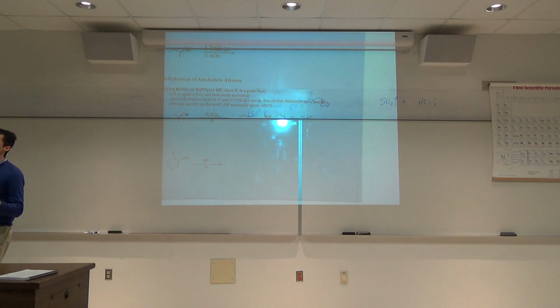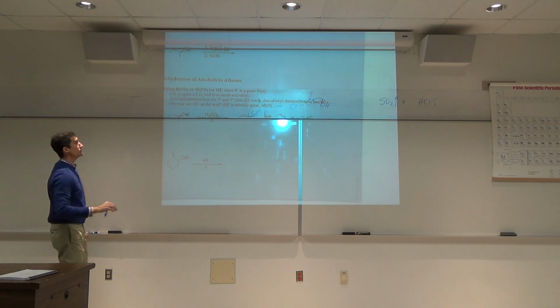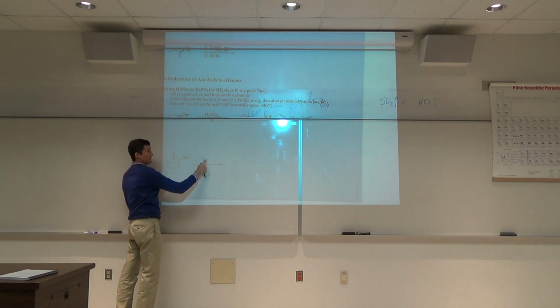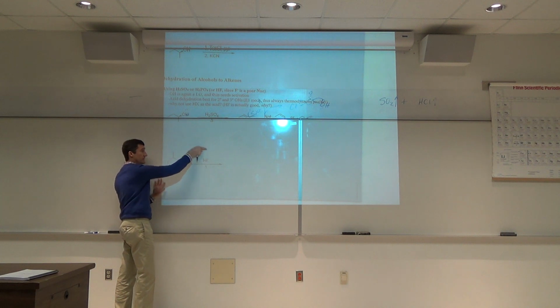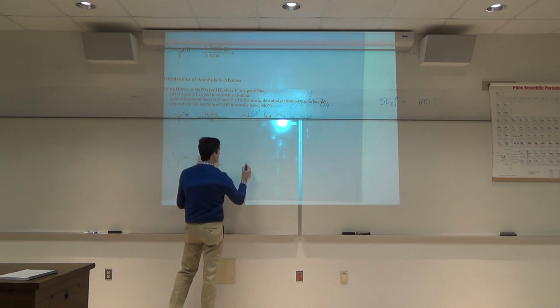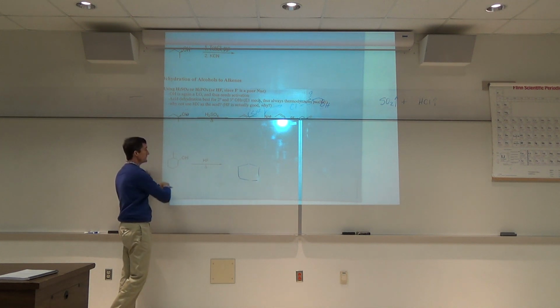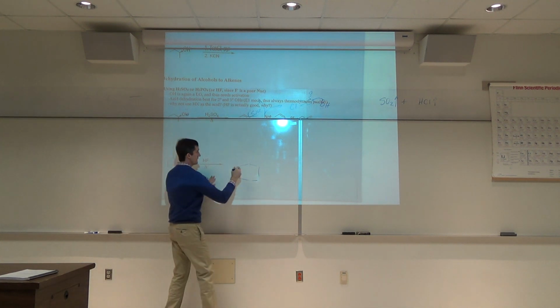The acid catalyzed dehydration of an alcohol by an E1, super common. Usually when you're using those acids, that's one of them. So ding, ding, ding, this is going to be what? What type of product? This is the dehydration reaction by the mechanism we just did.